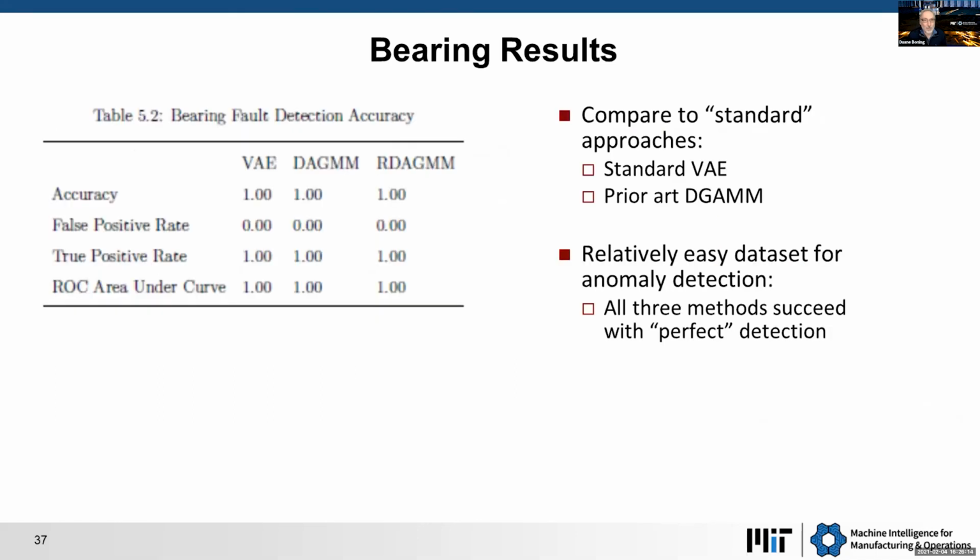So in some sense, the bearing results is kind of too easy of a problem. In fact, we compare this with a pure variational autoencoder without even an LSTM or any other kinds of structure, or a deep Gaussian model sort of clustering approach, and they all are perfect. This is an easy problem.